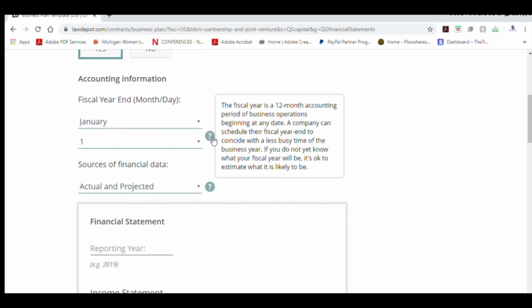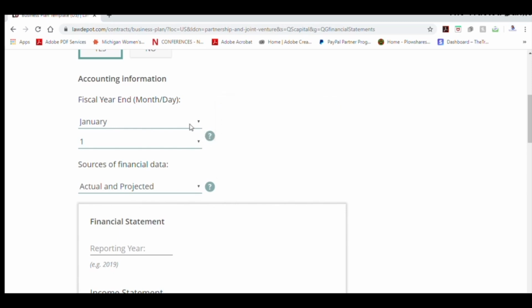It's a 12-month period of accounting. So whenever you start your business or whenever you want it to be, it could be January 1st to December 31st, or May 31st to June 1st, or April 31st to May 1st. Whatever your fiscal year is, you have a 12-month period.